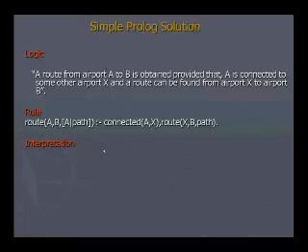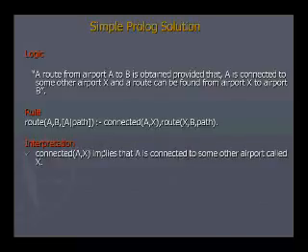Here the route is there to save the route from A to B. So we use a Prolog list to represent the route. It implies A is connected to some other airport called X. Here the comma represents the logical AND.